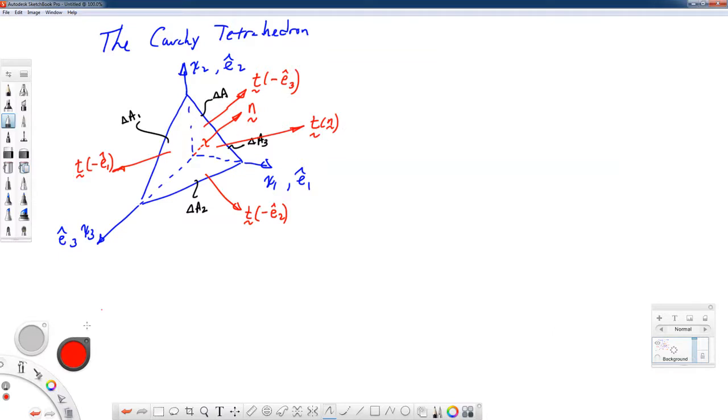So let me use the dark color. This traction acts on the total front area, delta A. This one is acting on the area A3. This one is acting on the area A2, and so forth.